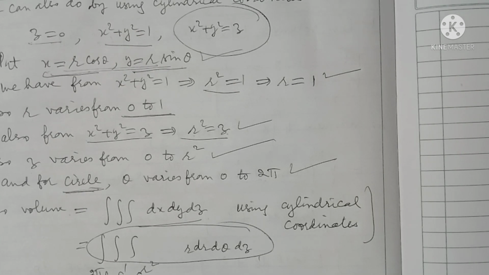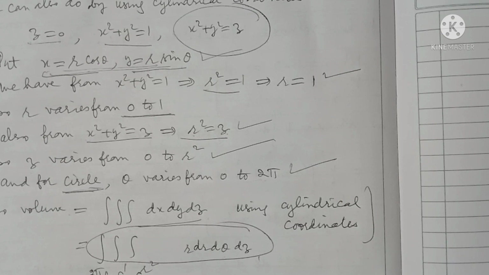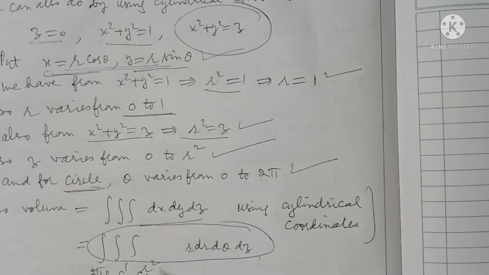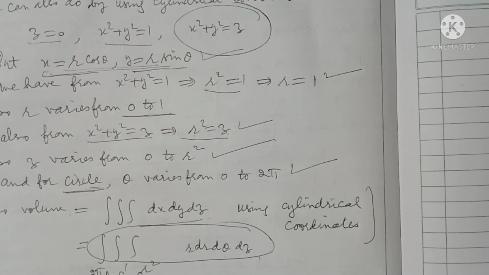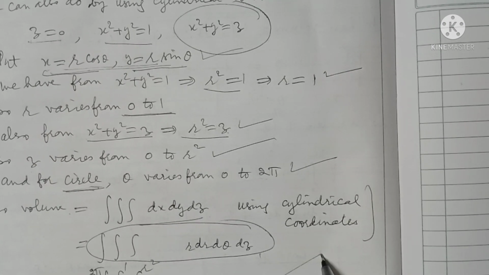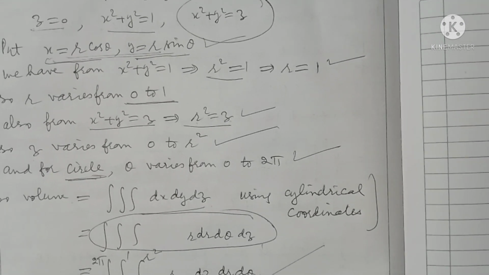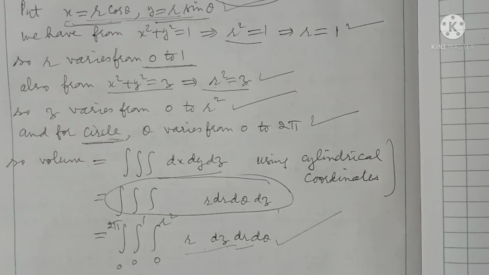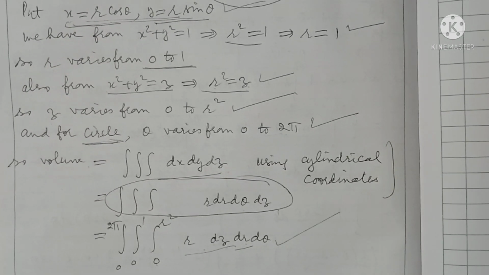Then either integrate with respect to r or we integrate with respect to theta after integrating with respect to z. So first integrate with respect to z, put the limits of z, then integrate with respect to r, and finally integrate with respect to theta, right? So after solving all these steps, we finally get again pi by 2.